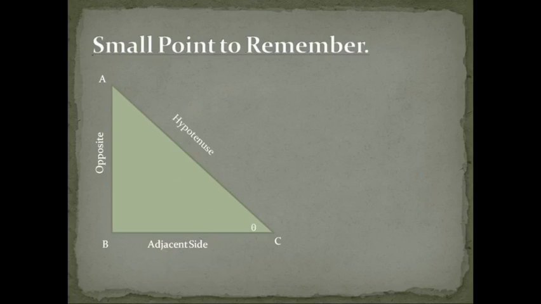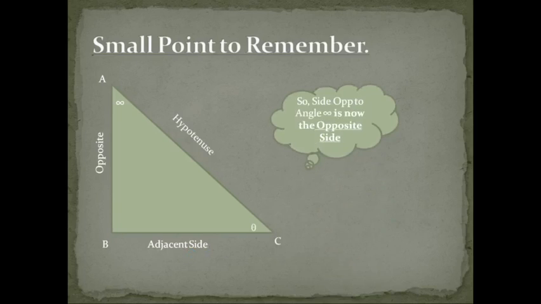Fine. But suppose I add one condition over here and I label this measure of angle A as alpha. So now with respect to this angle A, which is nothing but alpha, the side opposite to alpha, meaning side BC, instead of adjacent, what name will we give it? Opposite side. So look at this very carefully.